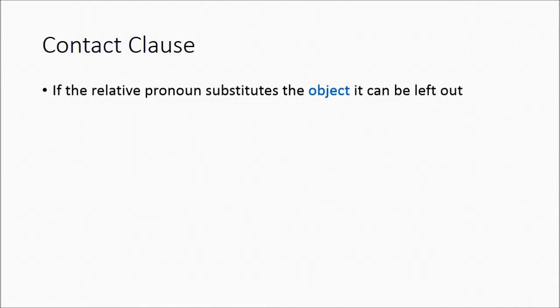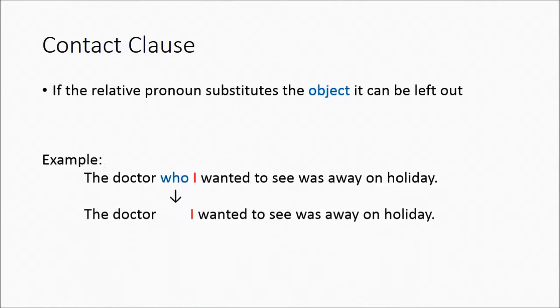Contact clauses. In some cases, you do not need a relative pronoun to describe something in more detail. Then the sentences are called contact clauses. If the relative pronoun substitutes the object of a sentence, it can be left out. Let me explain to you by looking at an example.